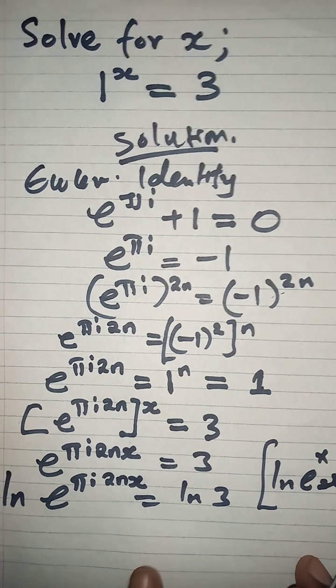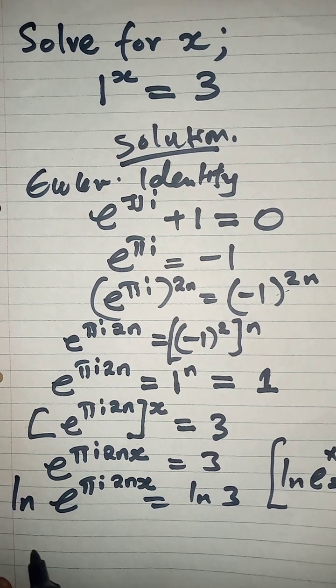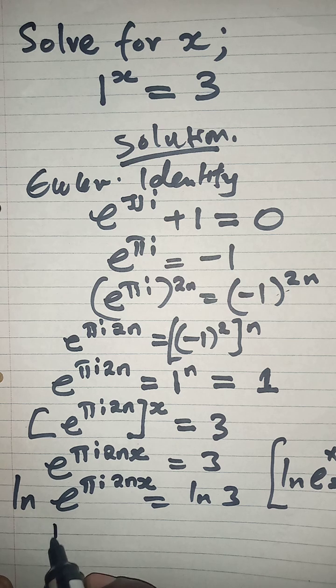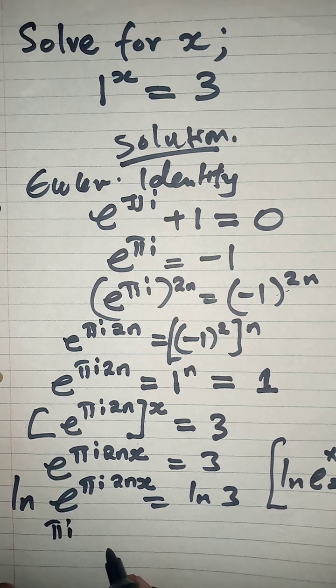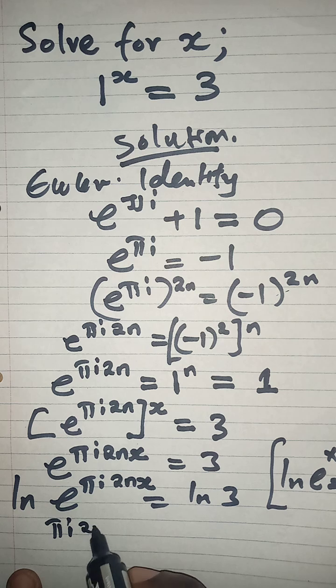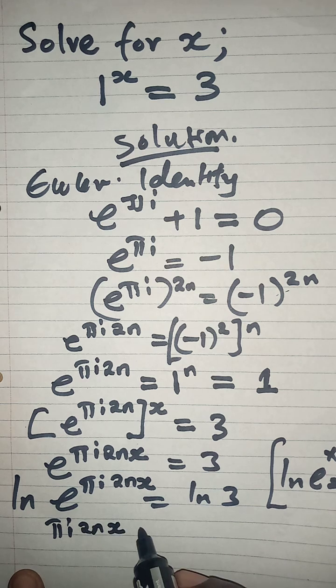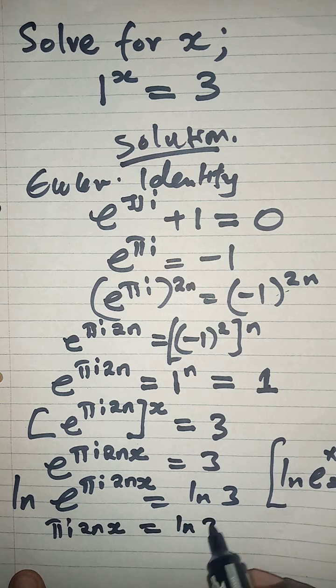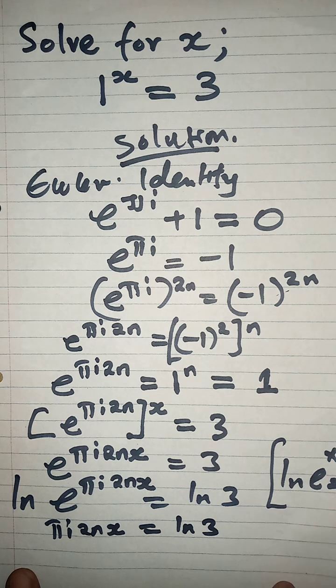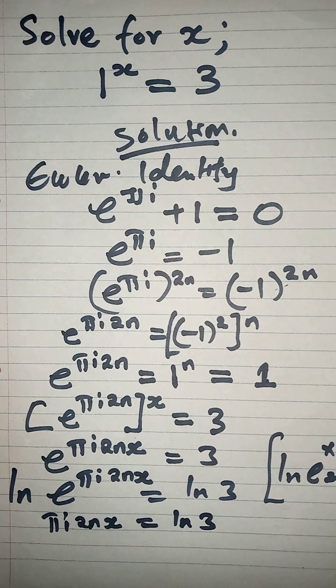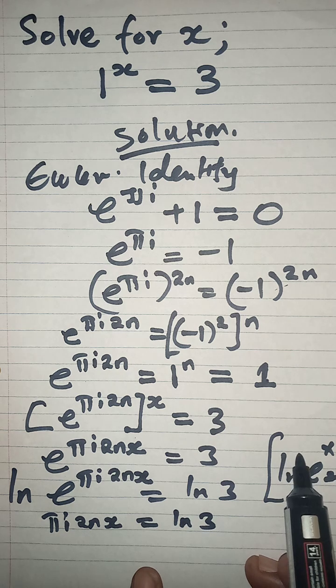So when I apply that on my left hand side, I'm going to get pi i 2n x equal to natural log of 3. I hope you're able to see it clearly using this identity.